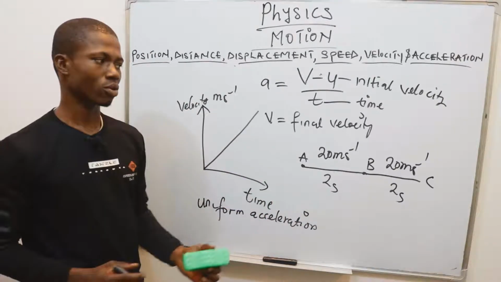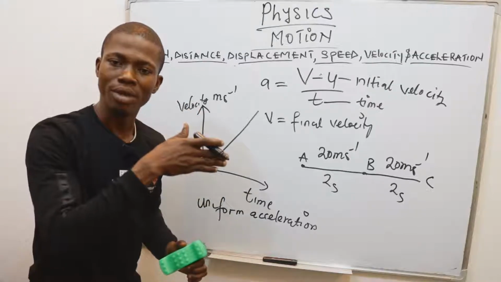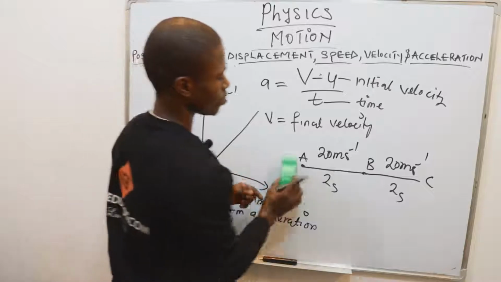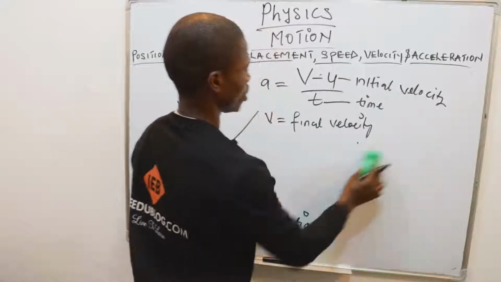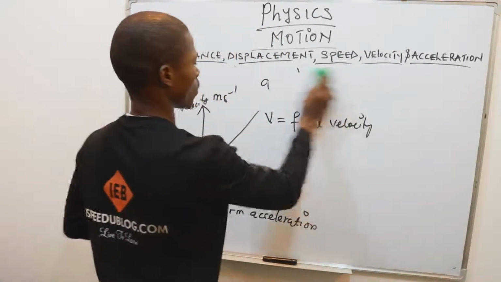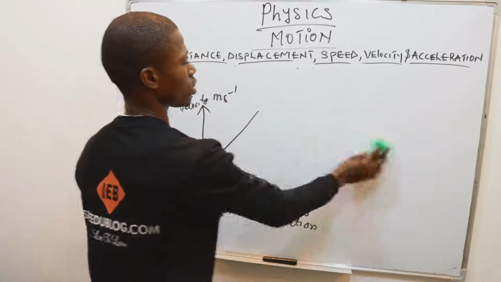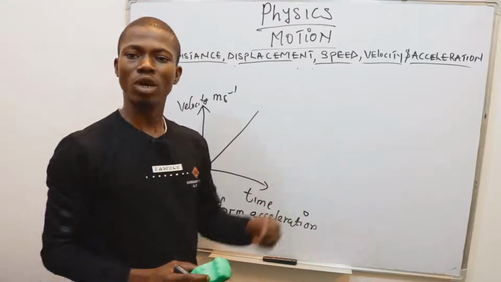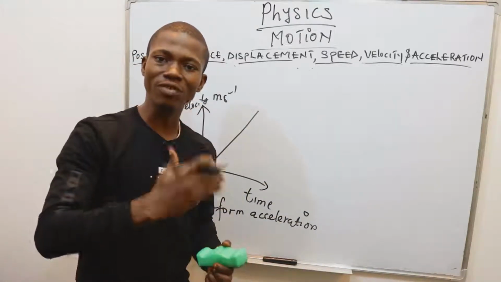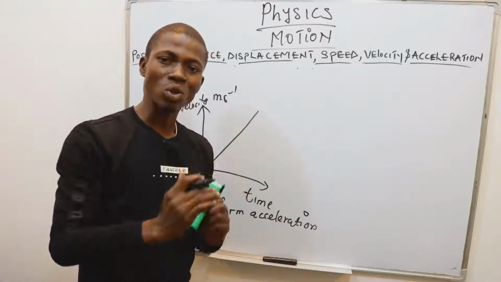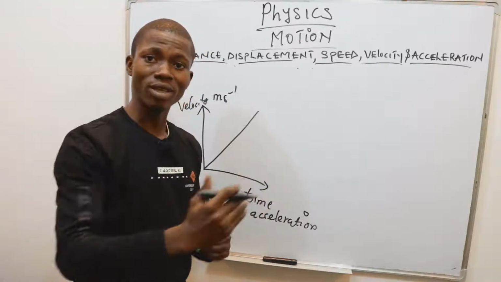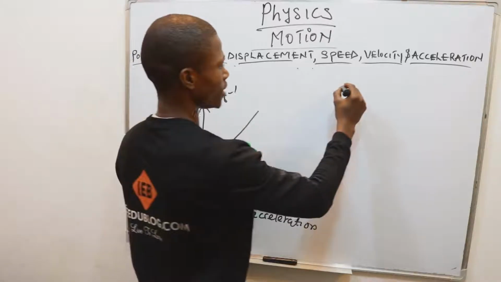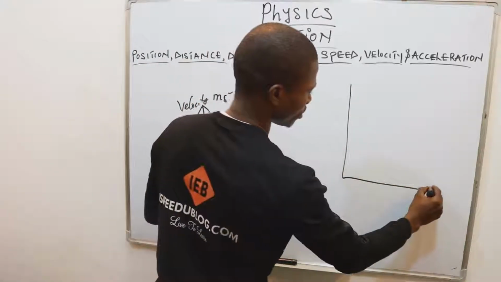How about retardation? When a body is uniformly retarded or decelerated, that is, decreasing in velocity by equal amounts in equal time intervals, this is what we call uniform retardation or deceleration, and it has a graph like this.